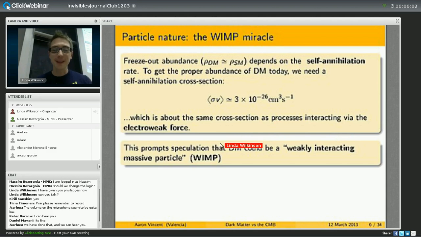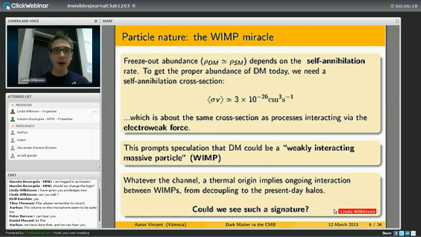electroweak force. So this prompts speculation that dark matter could be some weakly interacting massive particle, weakly in the sense of electroweak.